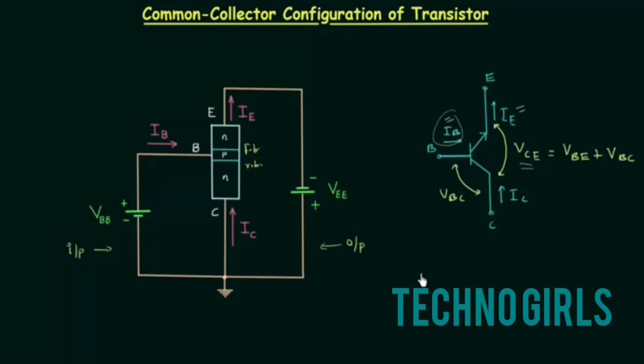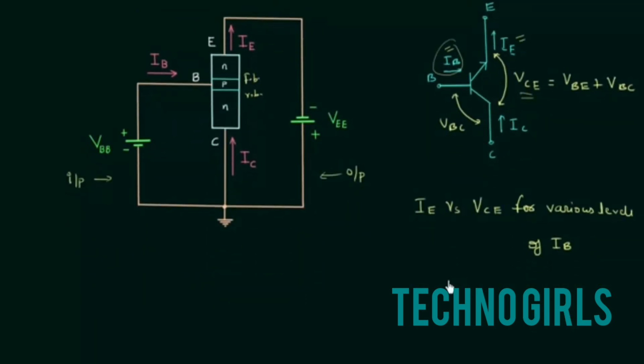So we have the graphical relation between the emitter current versus voltage VCE for various levels of base current IB.